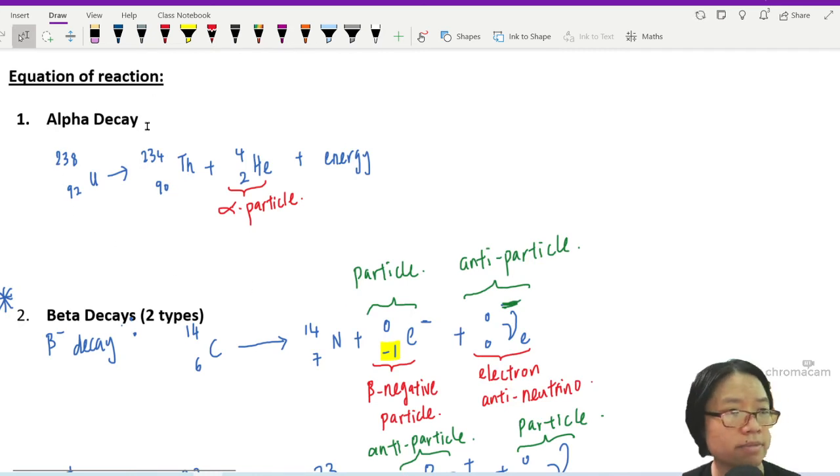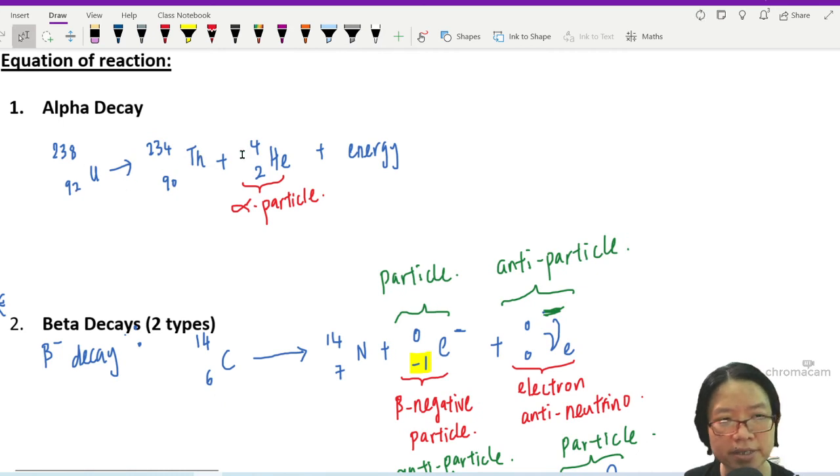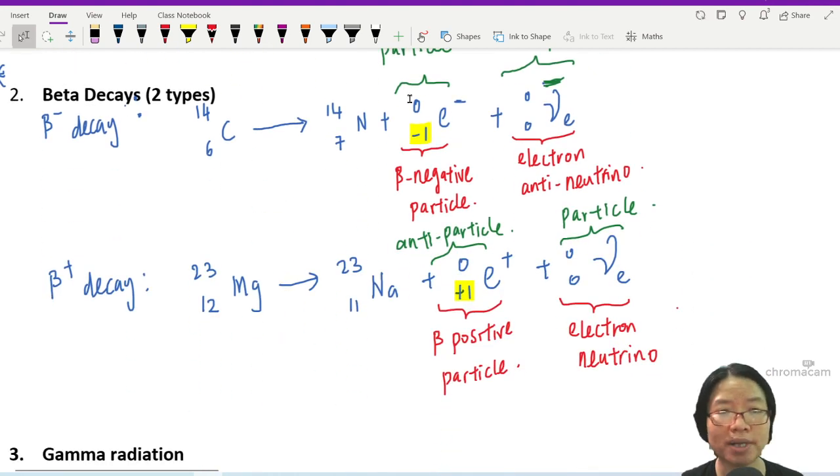I throw back a bit. So here is an alpha decay, and you can see that these two are very massive. So the alpha particle will receive the kinetic energy, and it will be more or less one value. Whereas for your beta decay, although the proton and neutron are embedded inside the decay, for example, this one, you will have a neutron becoming proton. You see the 6 becomes 7. This one, proton become neutron, 12 become 11.